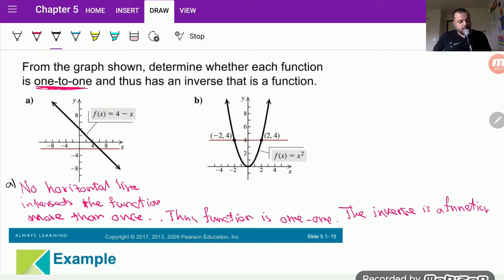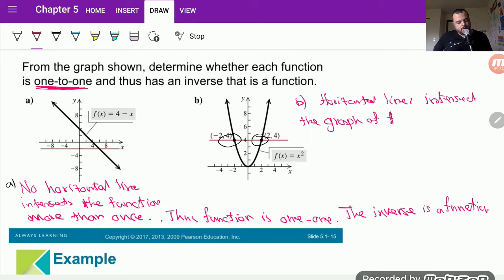For B, look at the horizontal line test. You find that the horizontal line passes through 2 points. So what can we say? For B, the horizontal line intersects the graph of the function more than once.